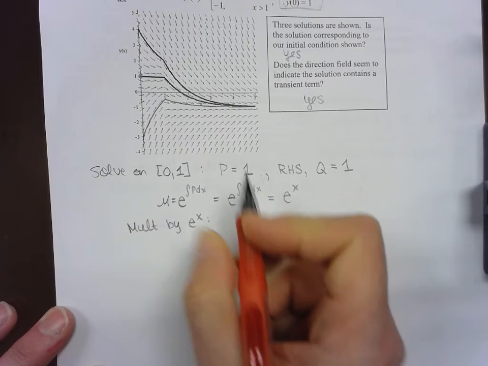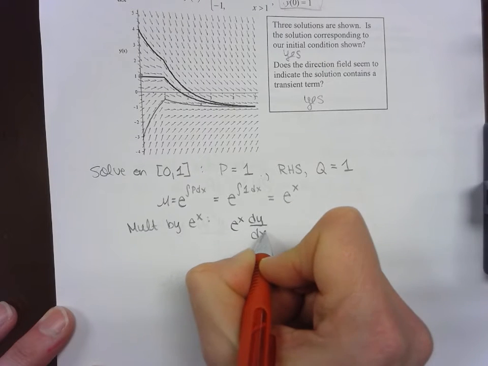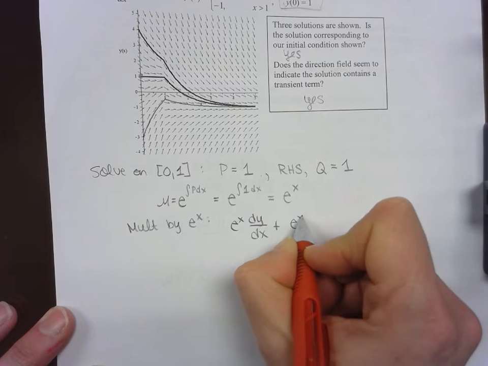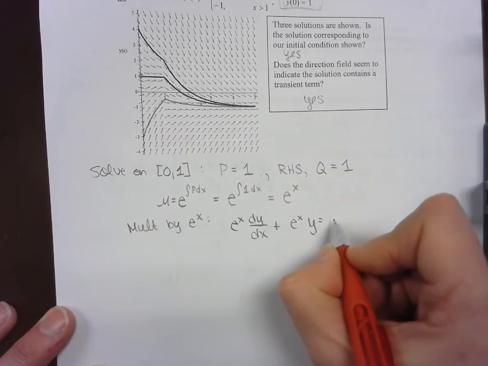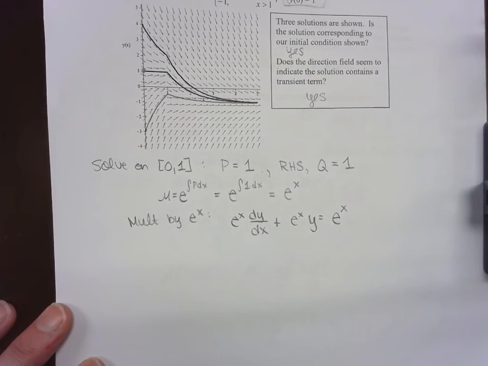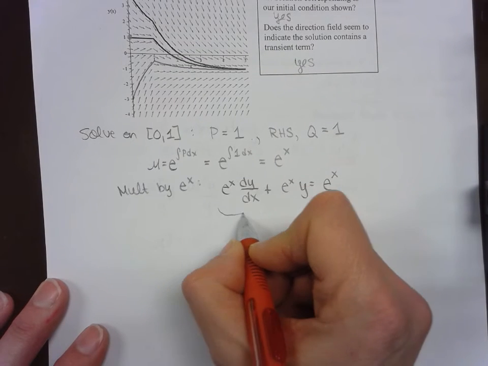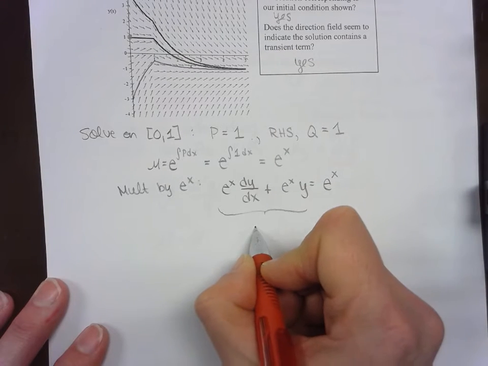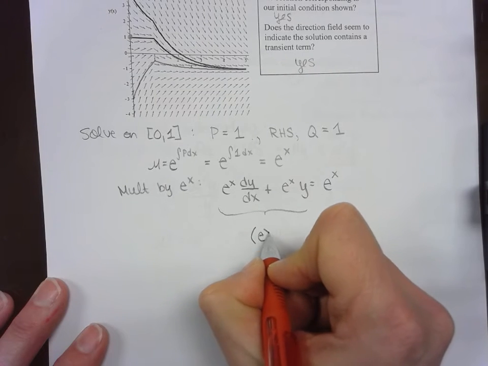And so I'd get e to the x dy dx plus e to the x times y equals e to the x times 1, or just e to the x. After we multiply by the integrating factor, the left-hand side should be the derivative of mu times y, which is e to the x times y.